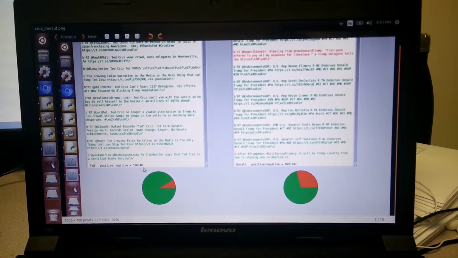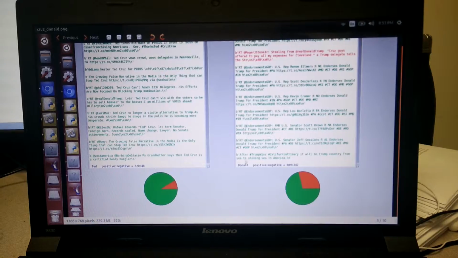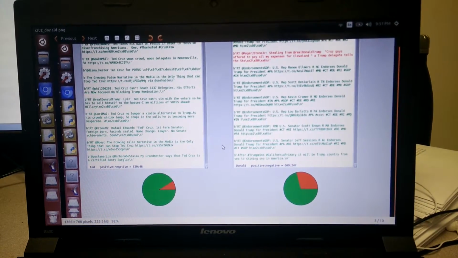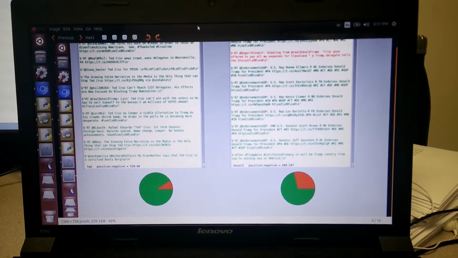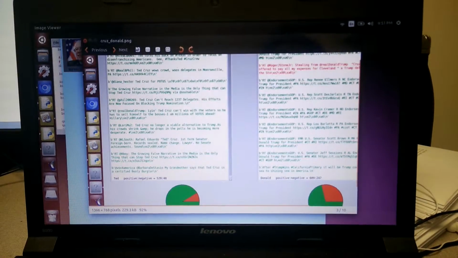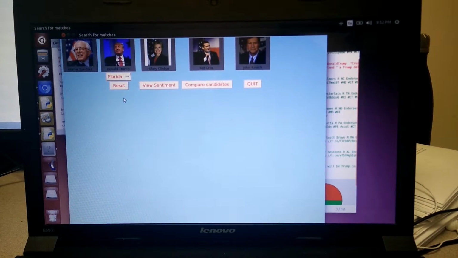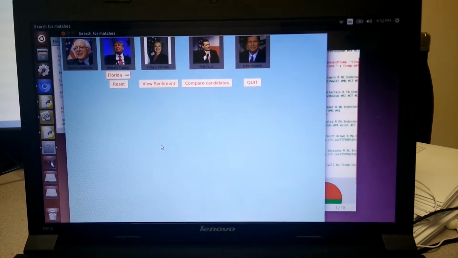The number of tweets retrieved is pretty high, close to 550, and considering the total number of tweets in the database is close to 100k, this is very good for a particular state and two candidates.